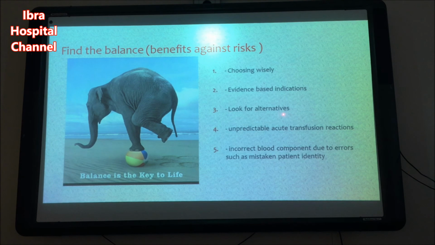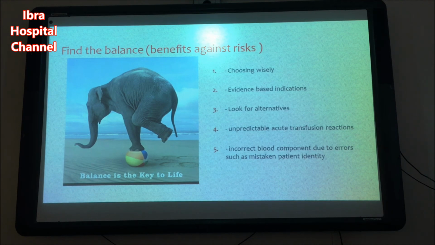Are there studies supporting your decision to transfuse this patient? And we talked about alternatives. Always look for alternatives. If this is true for adults, it is even more important for pediatrics. What could have a minor effect for adults can affect your child significantly.